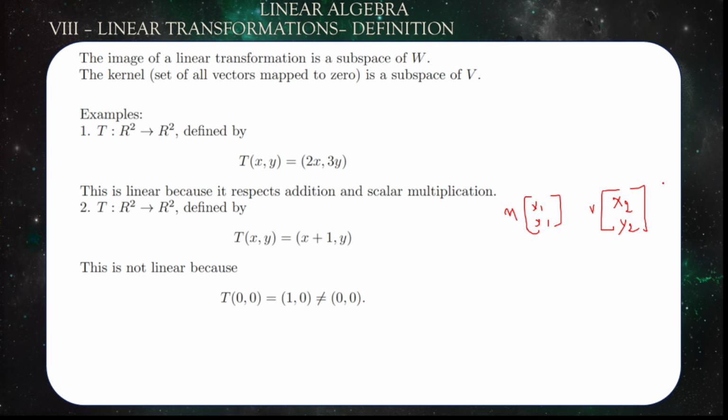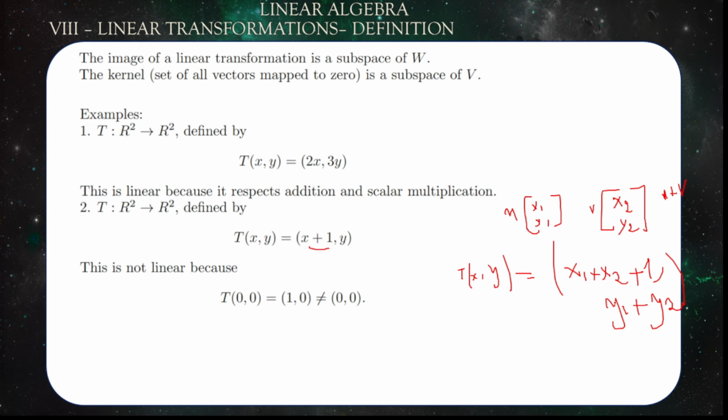Why? Because we are evaluating u plus v. You add the x's together and the y's together. So T(x, y) becomes, instead of x, you place x1 plus x2, plus 1, correct? And on the other side, y, which is y1 plus y2.